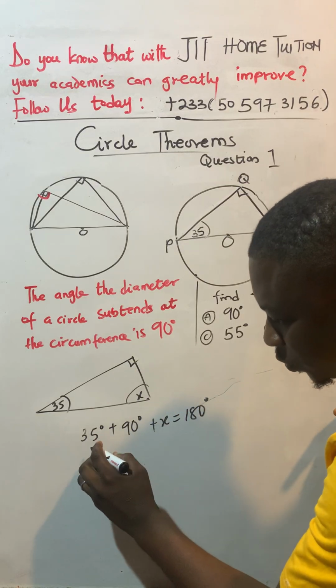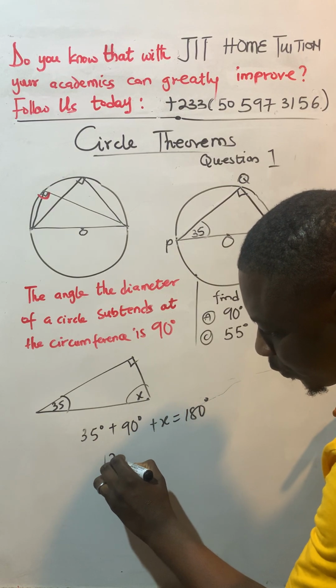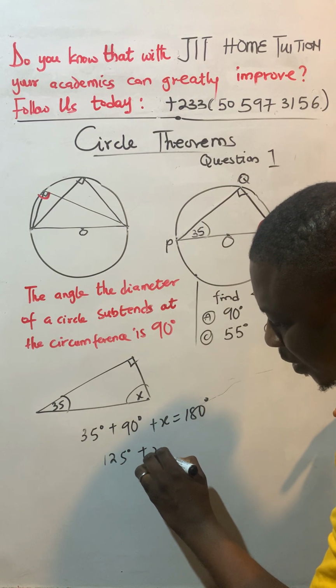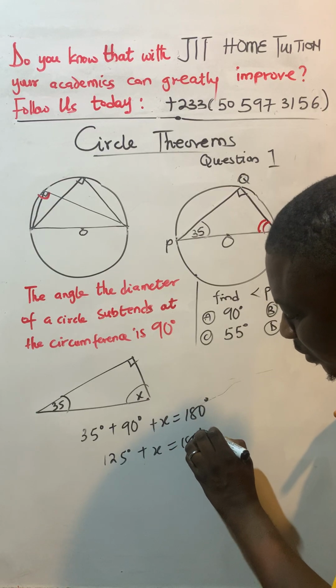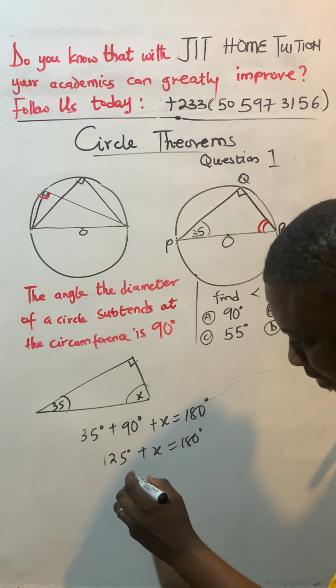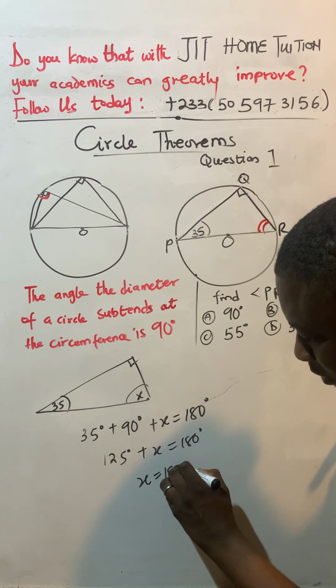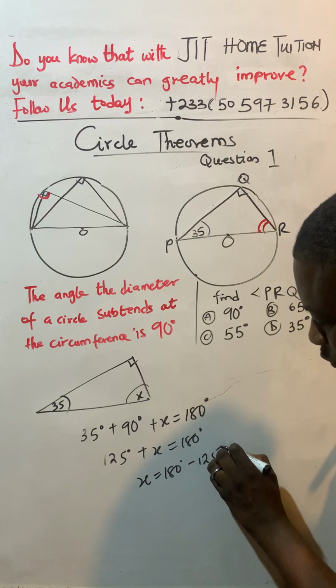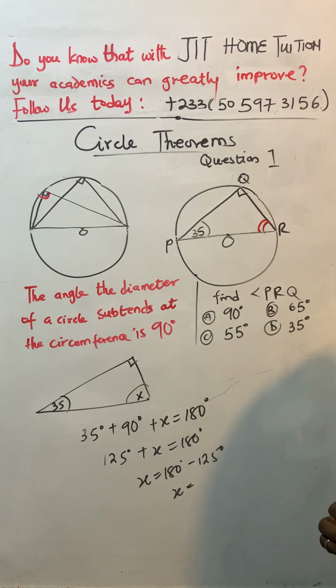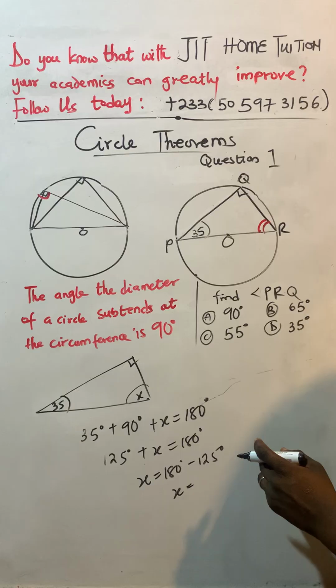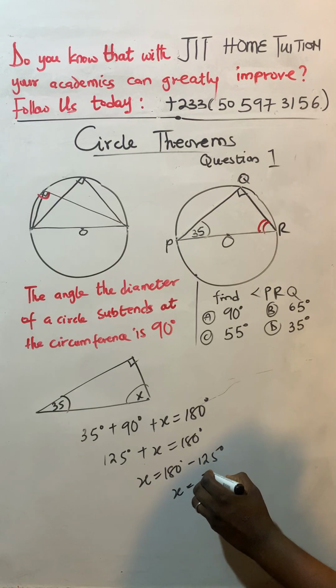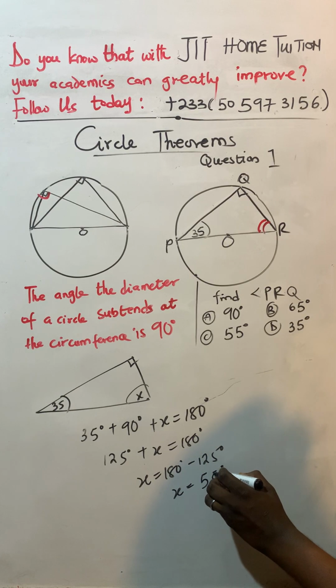When you put this together, what do you have? That will give you 125 degrees plus x equal to 180 degrees. So you make x the subject, giving you x equal to 180 degrees minus 125 degrees. So what do you have? That is 55 degrees.